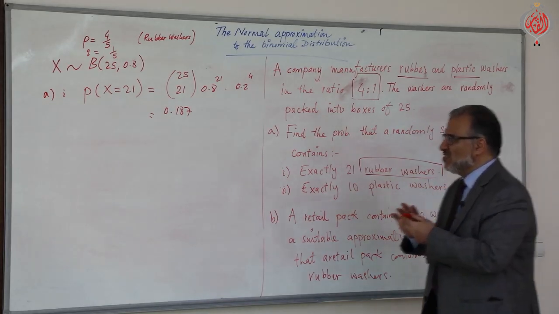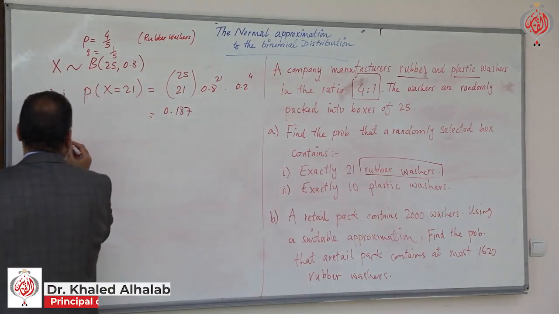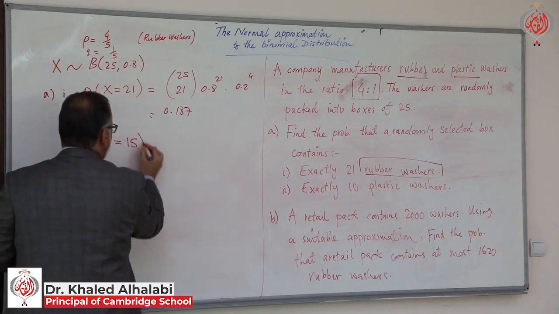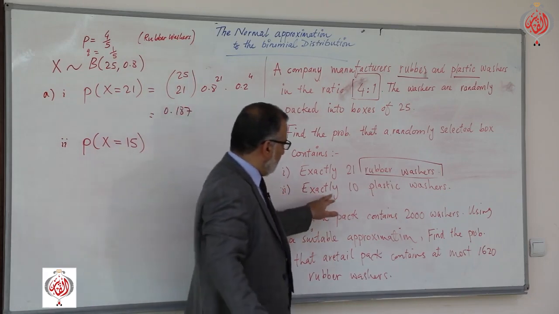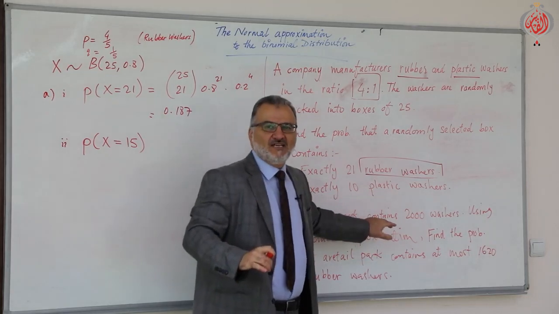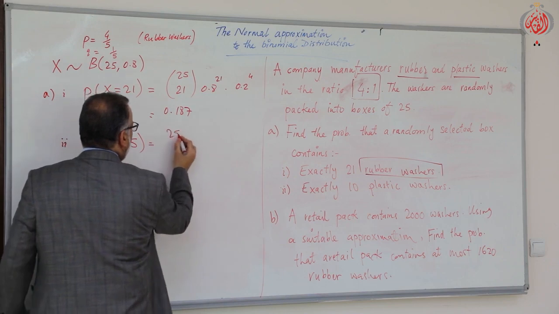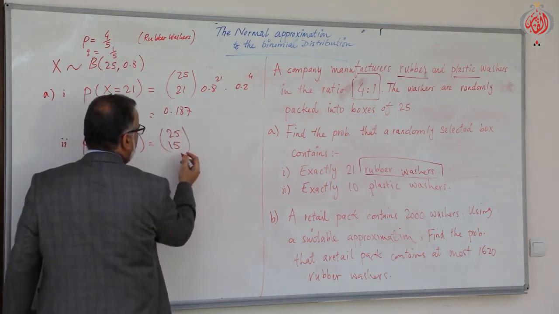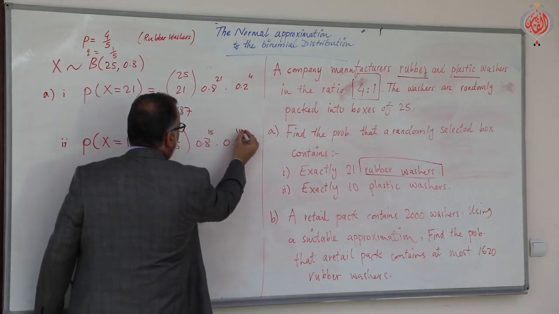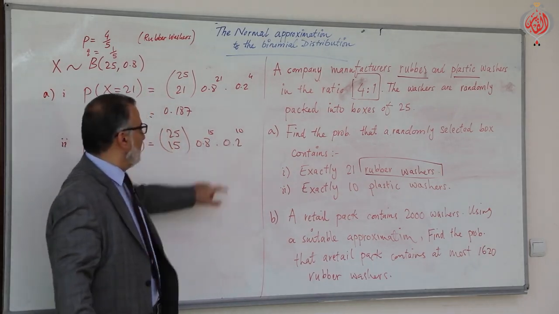If I want to continue with that value of p, the probability of X equals 15. So it is 25 choose 15, times 0.8 to the power 15, times 0.2 to the power 10, where 10 is the plastic.